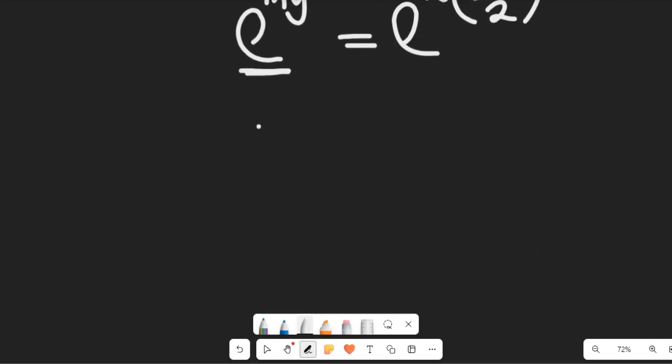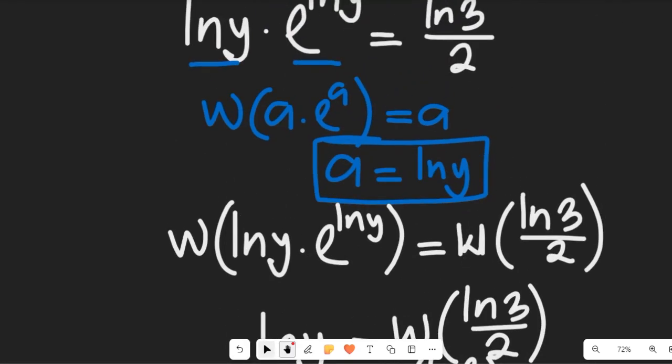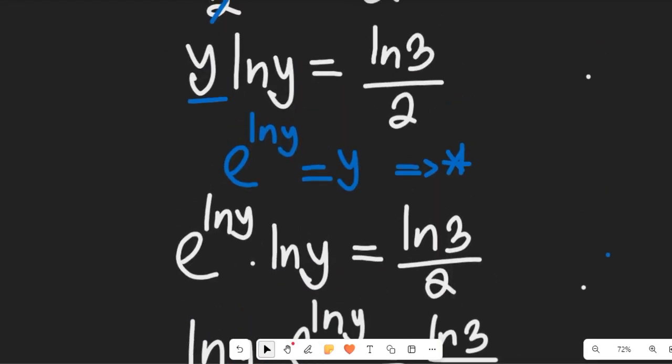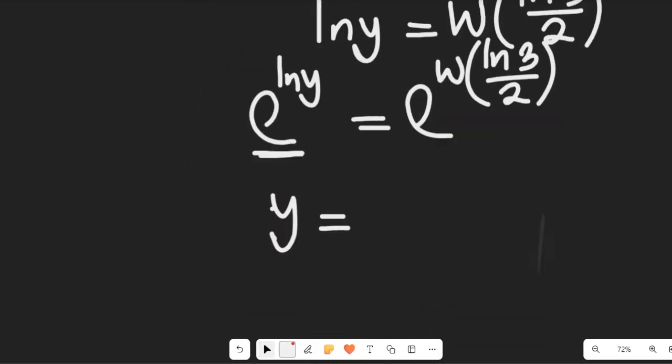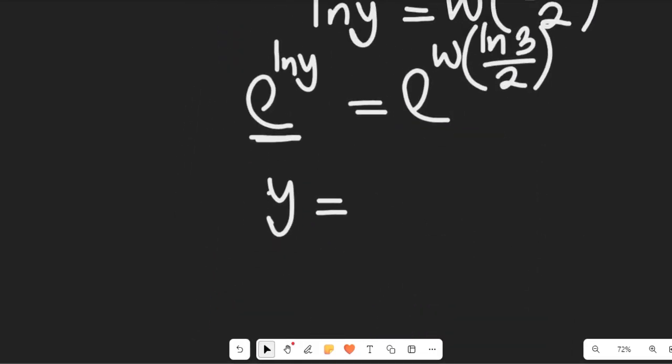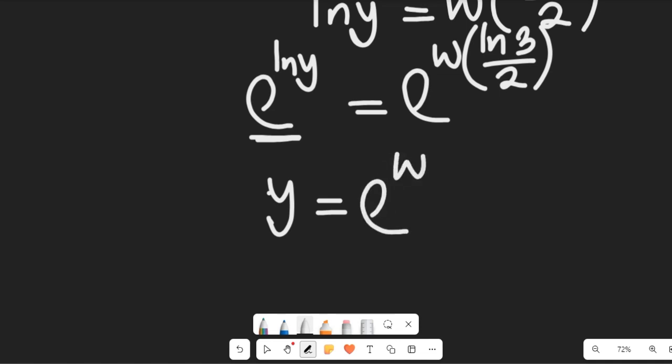Y. So if that expression gives me y, I'll have my y to be equal to, do you recall that we said that expression can give me y? If you recall that, now let's go back to that expression. The exponent of e of y will give me y, and this will be equal to the exponent value of the Lambert of ln of 3 divided by 2.